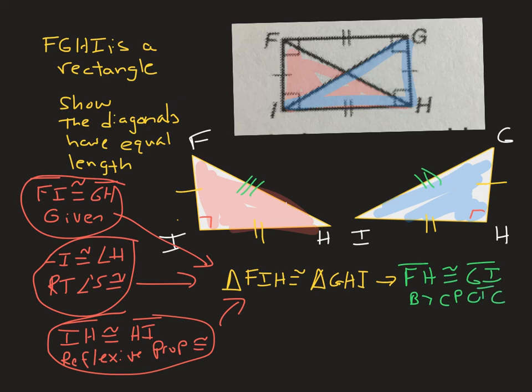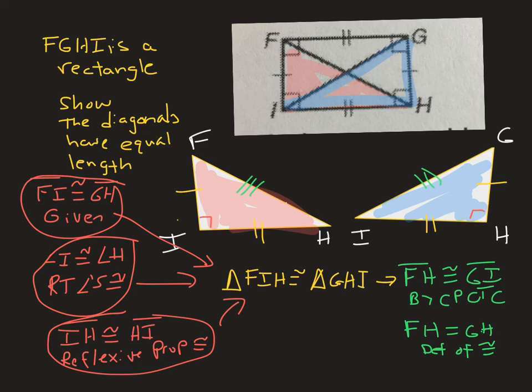Now it says the length, and remember when I write this congruent statement and I say the line segment FH is congruent to the line segment GI, I might want to make the further statement and just say FH, the length FH, the distance, is equal to the distance of GI, and that's by definition of congruent line segments. And that's our proof, our reasons why that's true.